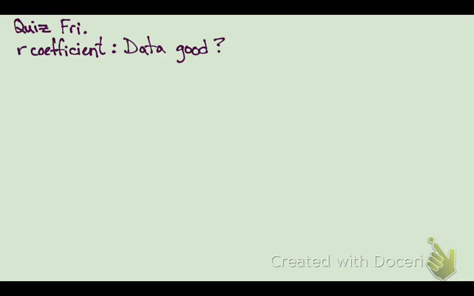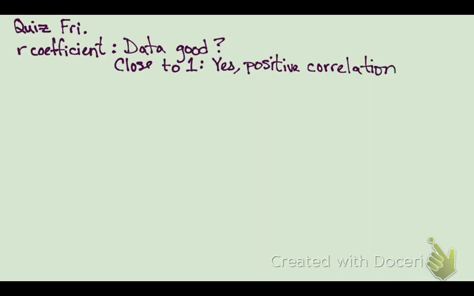When I say, is the data good, the R coefficient is strictly for linear regression. Linear stuff. If it's close to 1, yeah, you've got a positive correlation, meaning if you have a linear equation for this set of data, then you can use it to predict maybe further on.